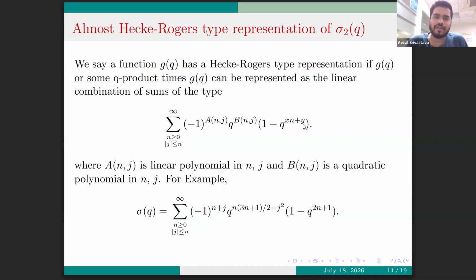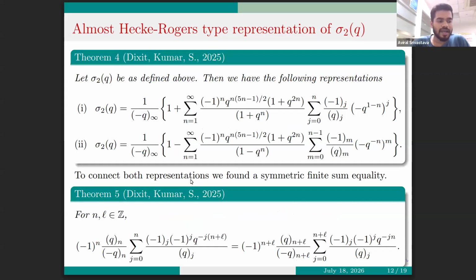And it could be just a G(q) function, or you can multiply by some q infinite product or something. But this kind of representation is called a Hecke-Rogers type representation. The sigma(q) function, which was the essential rank parity function in the case of distinct partitions, has this kind of Hecke-Rogers expansion. Now, we also have one Hecke-Rogers expansion which looks like this.